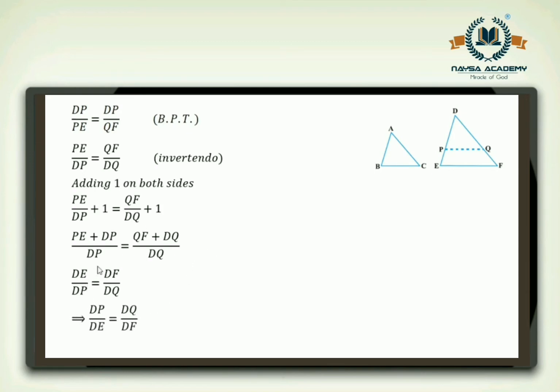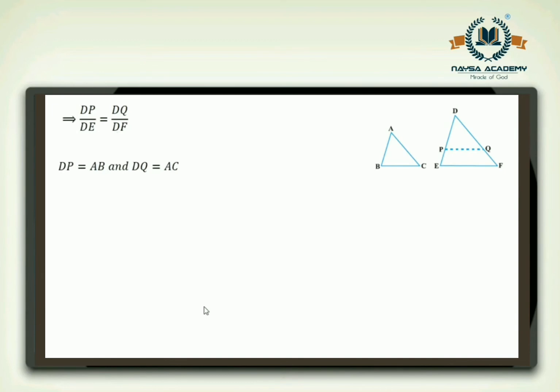Now again I will use the invertendo property and I will say that DP upon DE is equal to DQ upon DF. Now this DP is equal to AB and DQ is equal to AC. So I will say that AB upon DE is equal to AC upon DF.